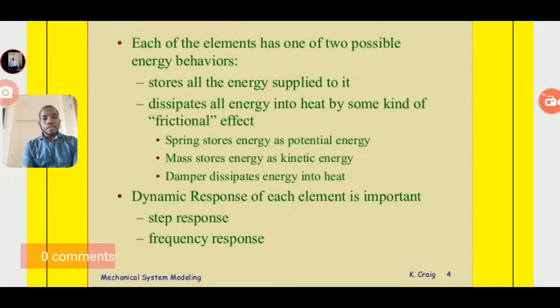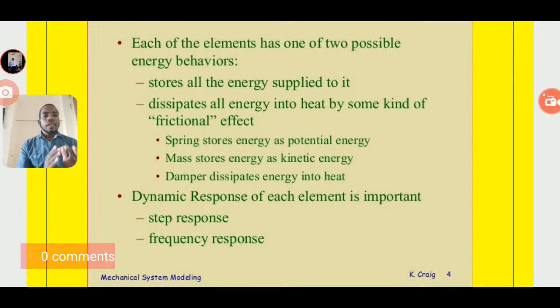Taking them one by one, the spring stores energy in the form of potential energy, and the mass stores energy as kinetic energy. Potential energy is the energy due to position, no movement, it's the stored energy.